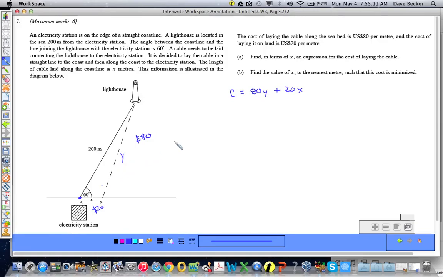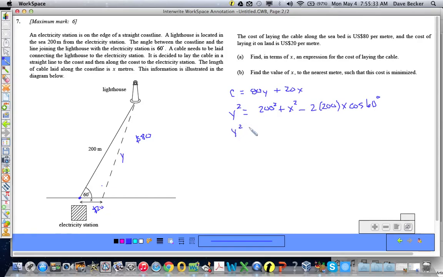So easy. Our good friend the cosine rule tells us that y squared is going to equal 200 squared plus x squared minus 2 times 200 times x times the cosine of 60 degrees, which you immediately know is 1/2. If you don't, I don't want to know about it.